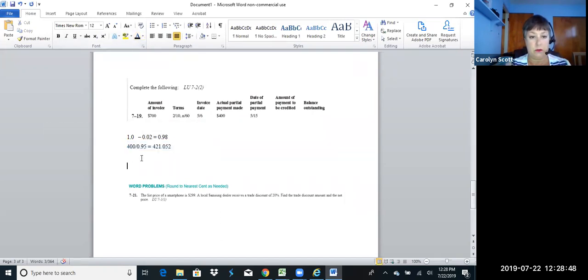Oh, I did this wrong. It's not 0.95, it's 0.98. Always good to not mistype. So 400 divided by 0.98 equals 408.163265.